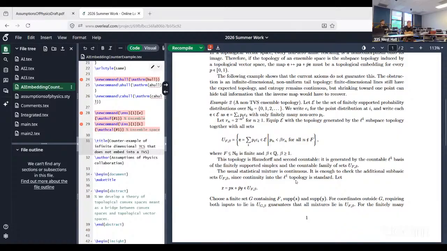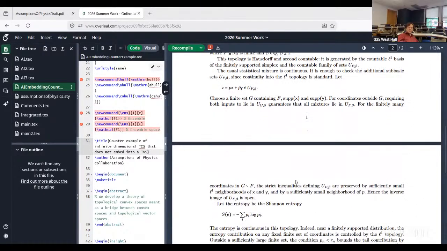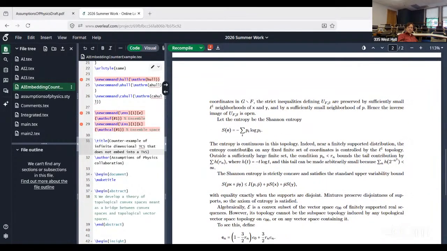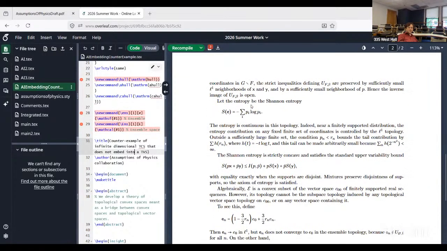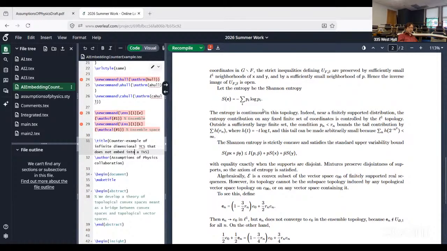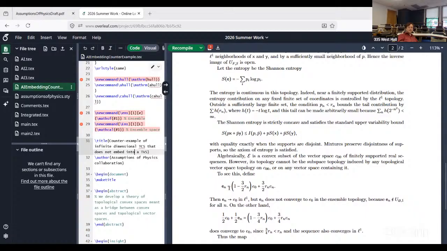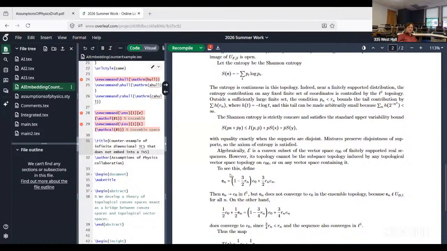Okay. And now what you can do here, and so I think this is still testing that the entropy is continuous and everything works. So now you take this sequence, and you show that this converges in L1. But the E_n does not converge to E_0 in the ensemble topology.